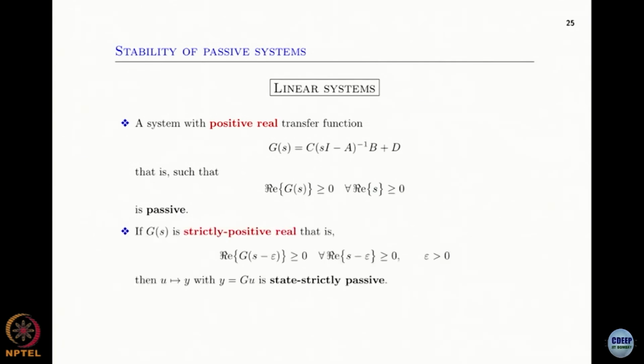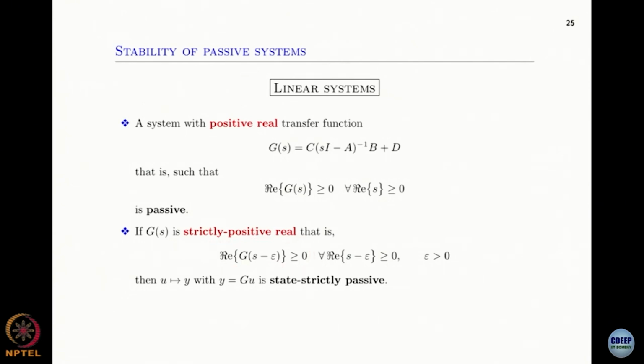And there is another important concept for linear systems, which is called strict positive realness. Strict positive realness is the property that the real part of the transfer function with s shifted a little bit, where epsilon is a small positive number, should be larger or equal than 0.